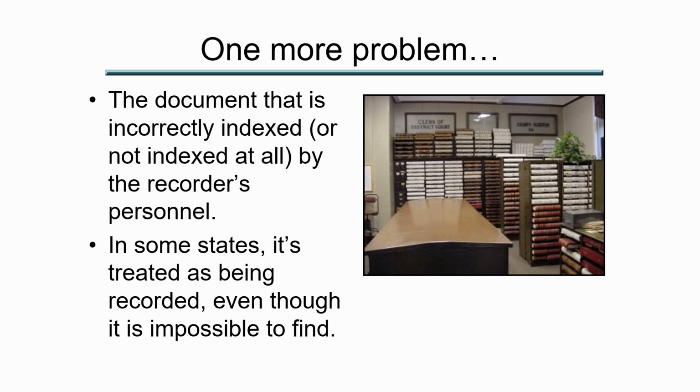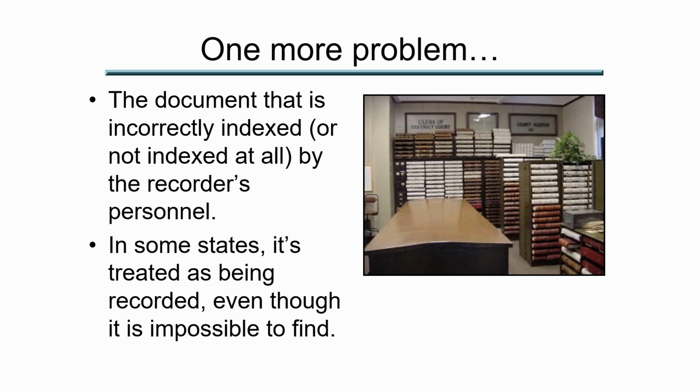Now, I think very little of a court that would hold this. I would say that if it's not properly indexed, it should be treated as if it isn't recorded at all. But nevertheless, a number of states have decided that if it's in the records, even though you can't find it in the indexes, it's still recorded and therefore still satisfies the Recording Act's requirement that the prior deed or other document be recorded.